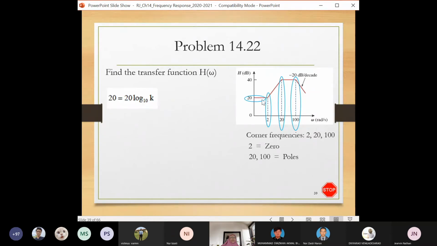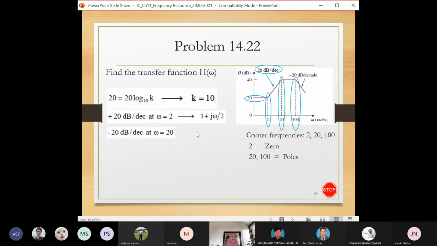Then 20 is the K value: 20 equals 20 log 10 of K. From here, K becomes 10. But in this part from 2 to 20, you have an increase of plus 20 dB per decade. So this section has the portion 1 plus j omega over 2.